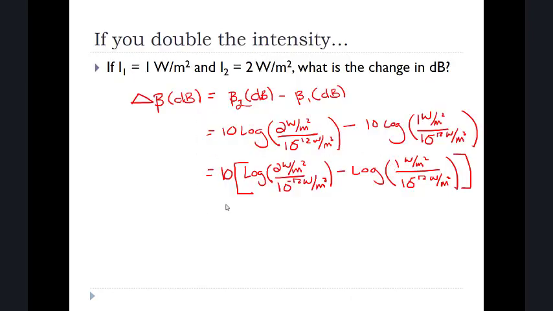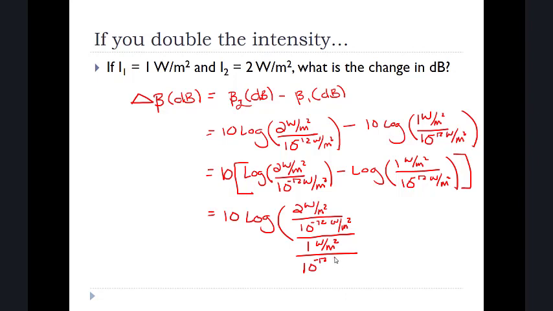So plugging that in is 10 times the log of 2 watts per meter squared over 10 to the minus 12 watts per meter squared, all divided by 1 watt per meter squared over 10 to the minus 12 watts per meter squared.